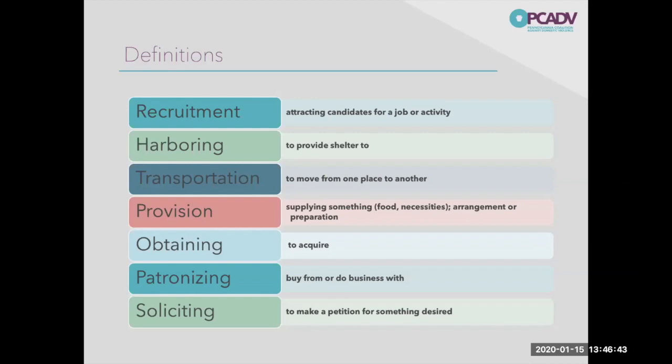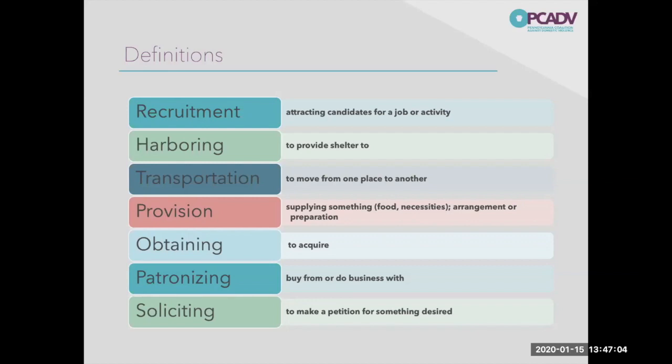Then we have provision, which has two sort of definitions. It can either be supplying something for a person, such as food or necessities. And we talked about that a little bit with regard to coercion, right? Or fraud. So fraudulent provision, saying, "Hey, if you come with me, I'll make sure that you get something to eat tonight."